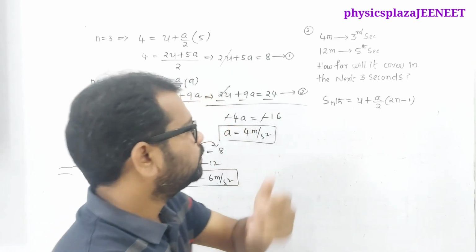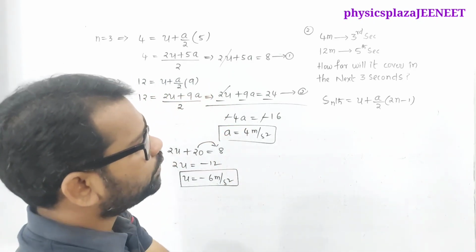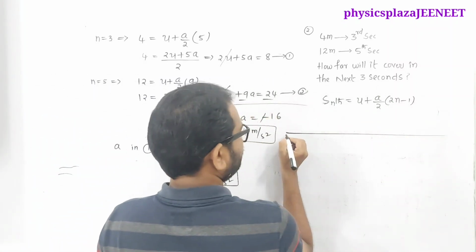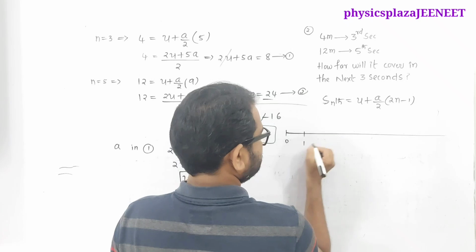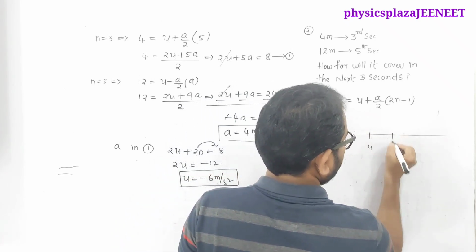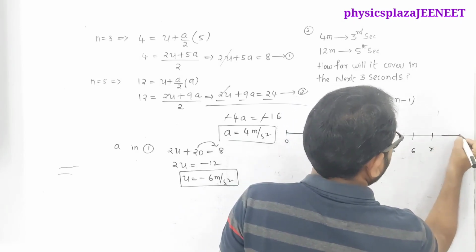Now they are asking us to calculate how far it will cover. Look here, try to understand the numerical once again. This is 0, 1 second, second second, third second, fourth second, fifth second, sixth second, seventh second, the 8th second, children.